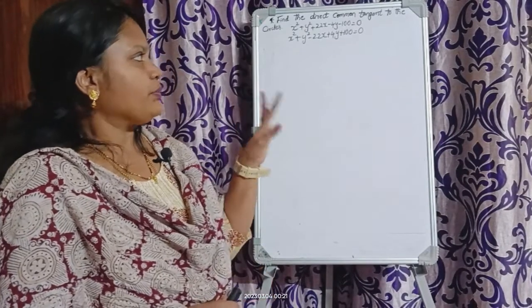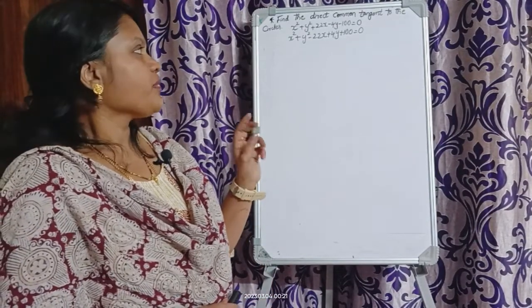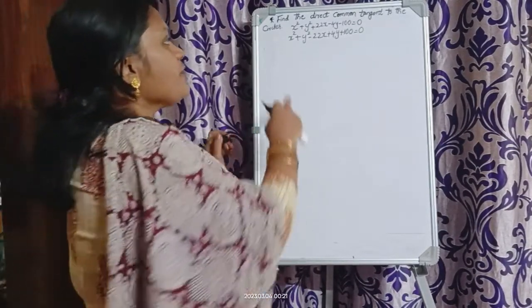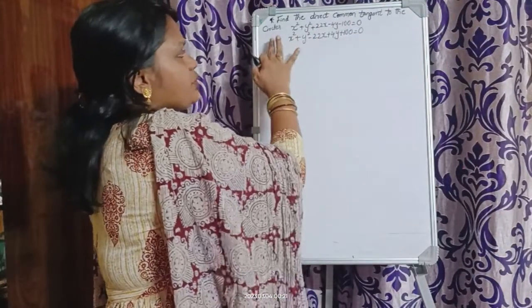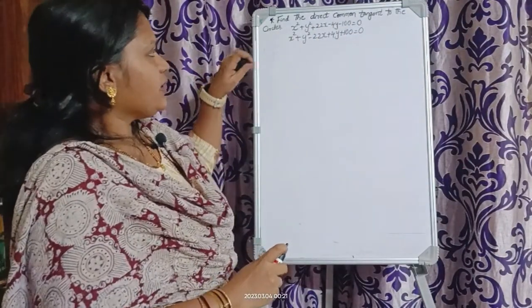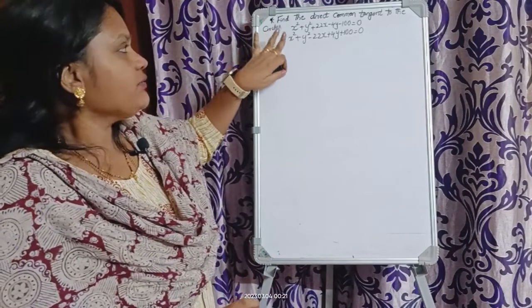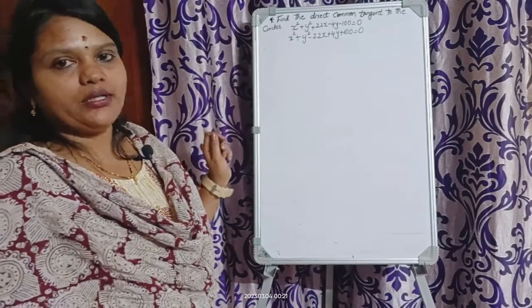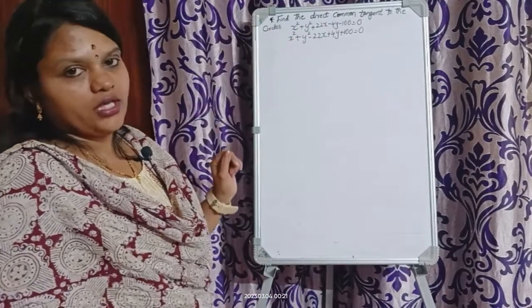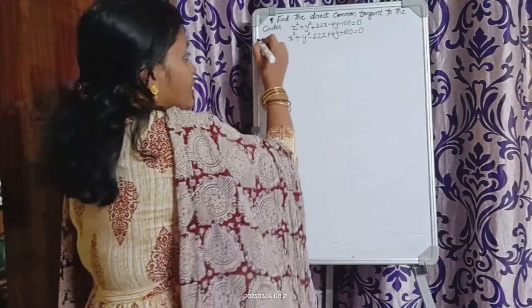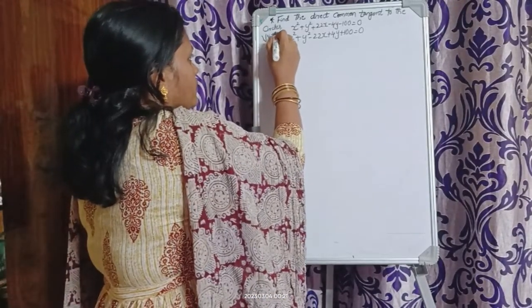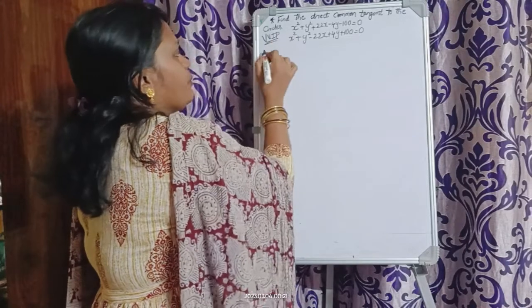One more important 7 marks question from circles is to find the direct common tangent to the circles. They'll give two equations of circles, and we need to find the direct common tangent to these equations. For that, it is a very important problem.